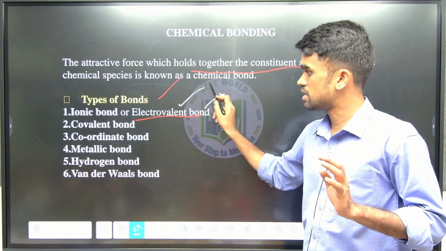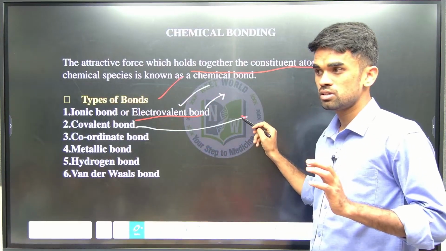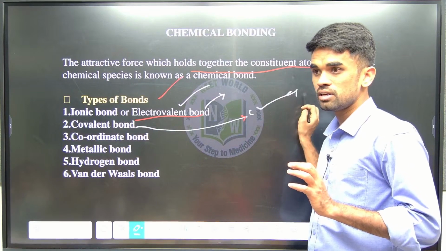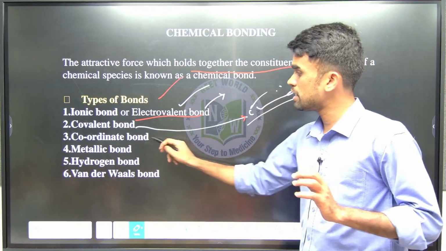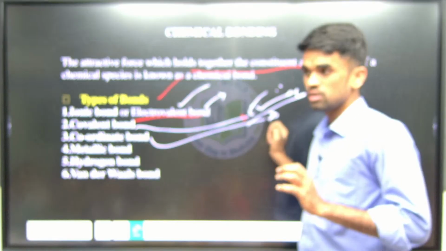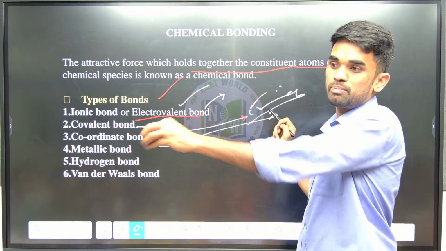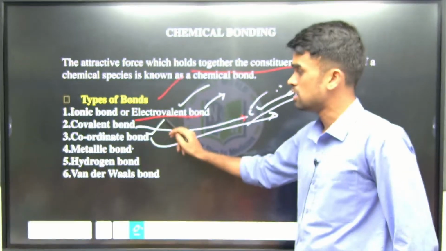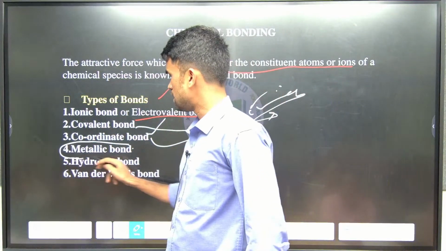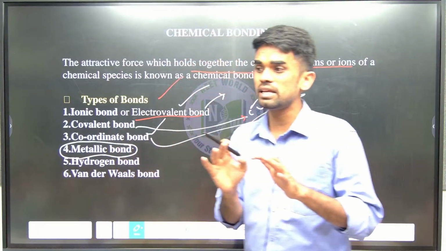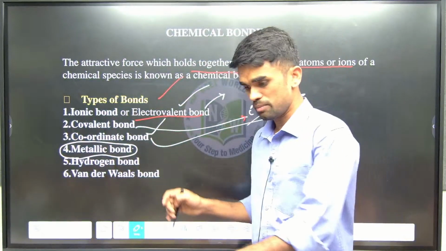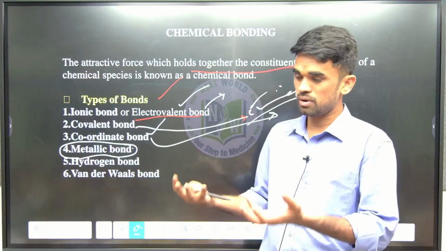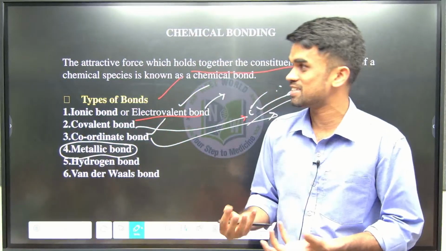That's it, this is done. Covalent bond means mutual sharing of electrons, this is also done. Coordinate covalent bond means only one fellow will donate a pair of electrons and make the bond formation. Coordinate covalent bond is done. So metallic bond means it is present only in the metals, like we are seeing in metals like iron, copper and all these things. Okay.